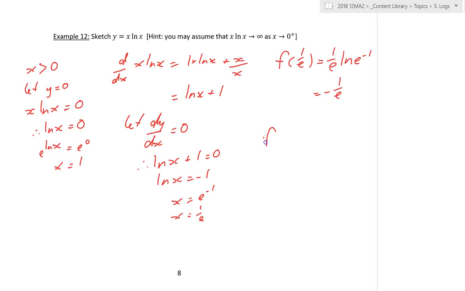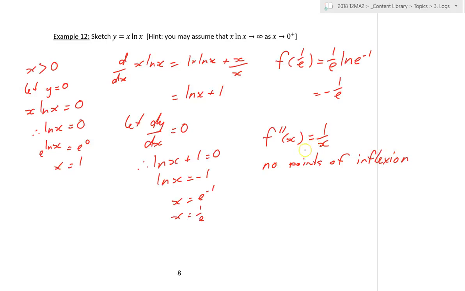Let's have a look at our second derivative, f double prime of x. This is our derivative. If I differentiate that again, I get 1 over x. Now, can that equal 0? No, so there are no points of inflection.